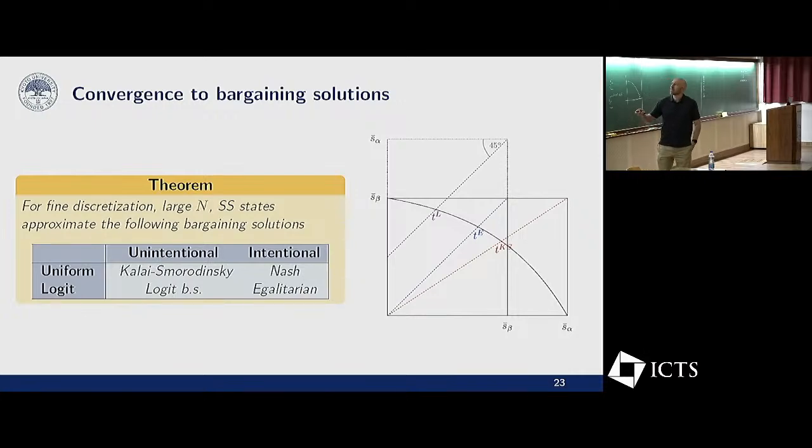This all comes from basically 3 papers, one of which I'm on. Essentially, with unintentional uniform perturbations, you get the Kalai-Smorodinsky bargaining solution.